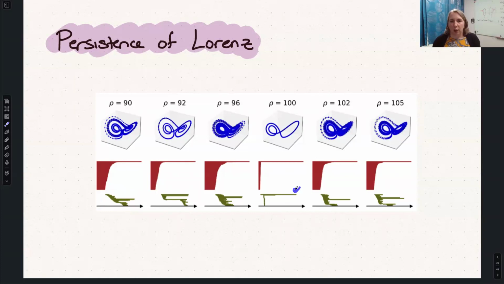Whether or not I see one long bar, one overarching circular feature in my structure, versus lots of little noisy bits that have filled in over time. So what we're going to do is try to do analyses where I take the shape and structure of that original point cloud in the form of a persistence diagram and use that in some attempt to understand something about what's going on in my dynamical system.